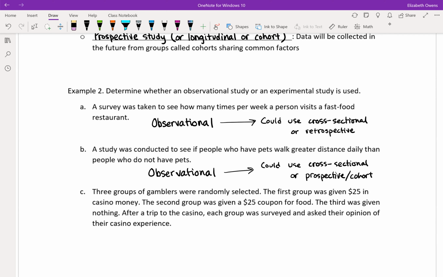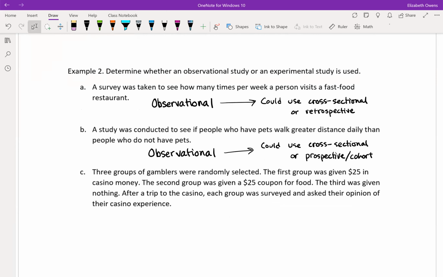But thinking about what we have here, we've got three groups that were randomly selected, and each group is given something different. That is prescribing a treatment to each group. The treatment is what they're receiving. So this is an experimental study.